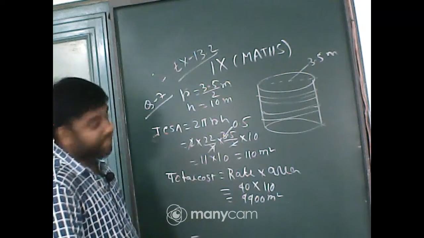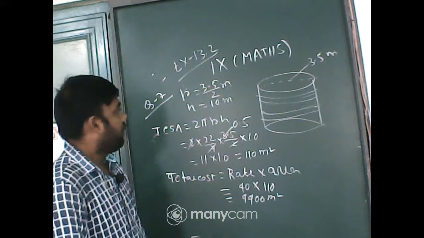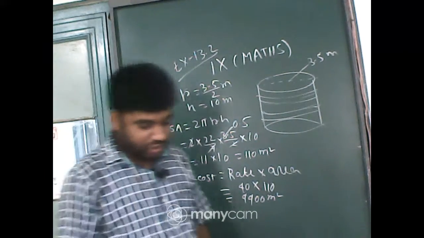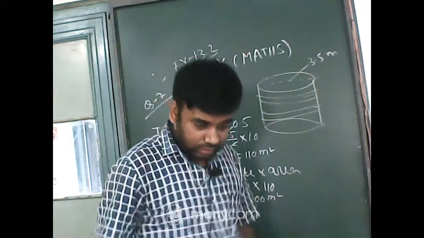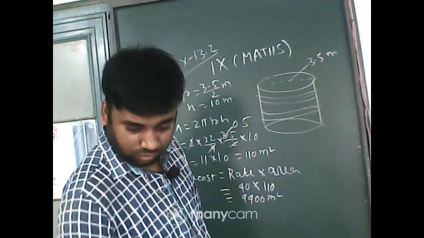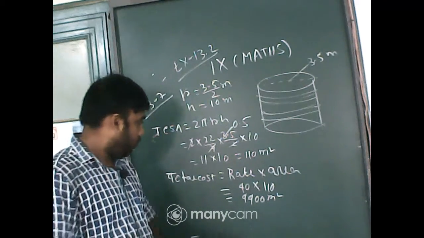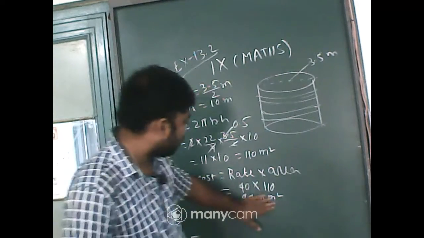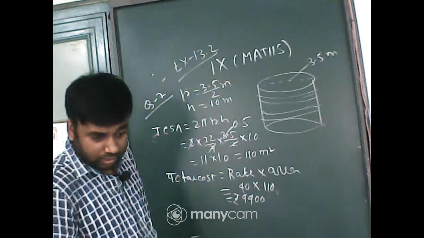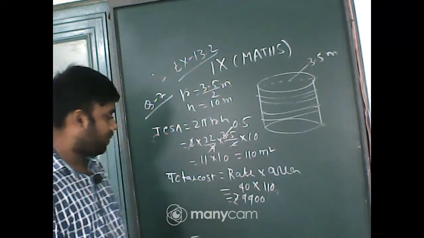So question number 7 we have solved. If anyone has any doubt, tell me quickly, otherwise I will go for the next question. Oh, sorry, yes Rohit, that is rupees, not meter square.